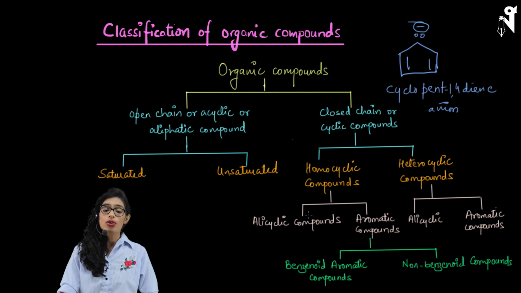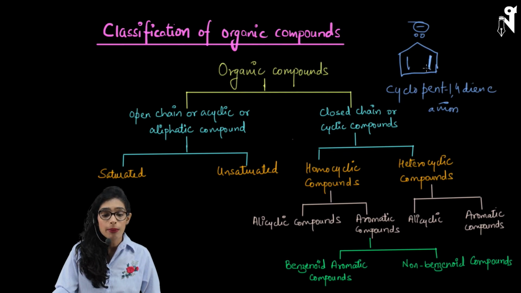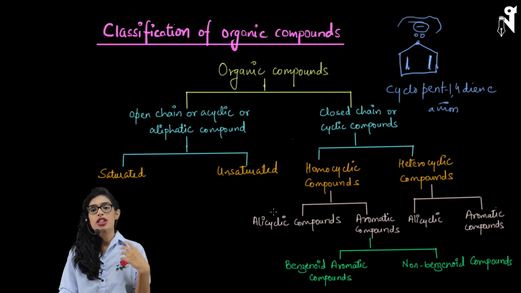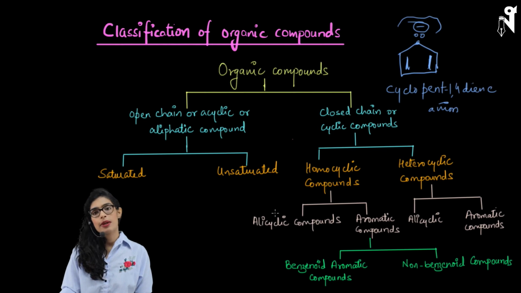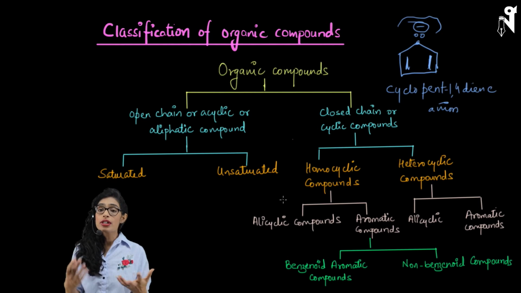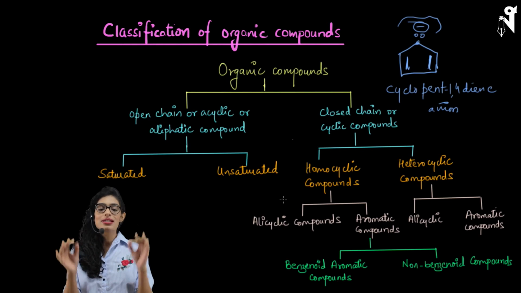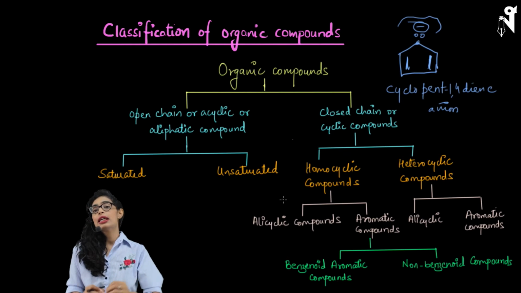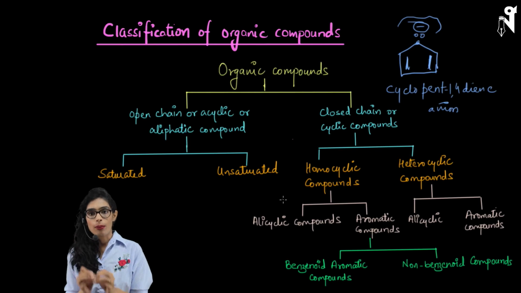What we can see in this structure is we have 2 pi bonds and a negative charge on a carbon. This is a species which gets formed when the reaction takes place. How it is forming, when it is forming, we will deal with it later on, but this is just an example to show how, without looking like benzene or without being benzene, a compound can be aromatic.